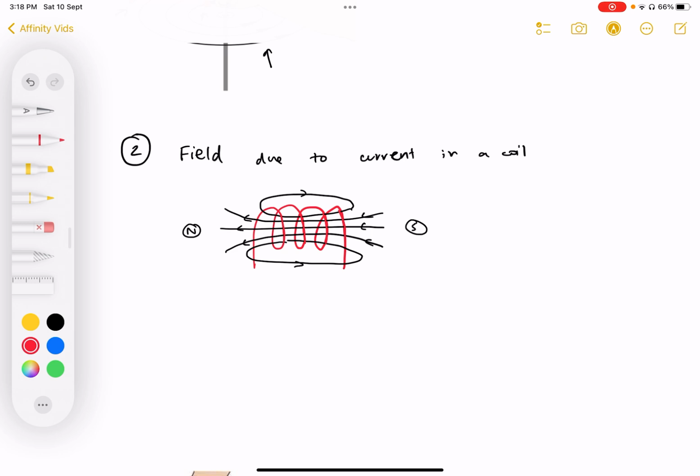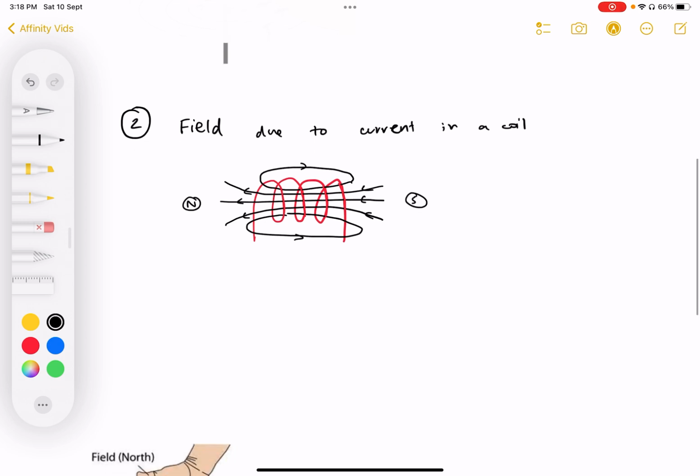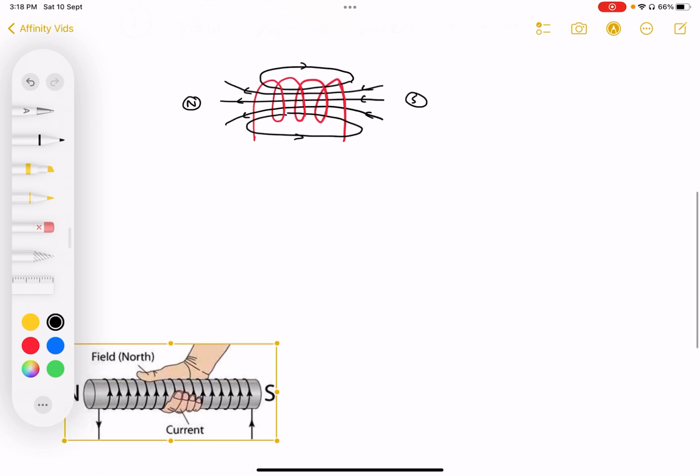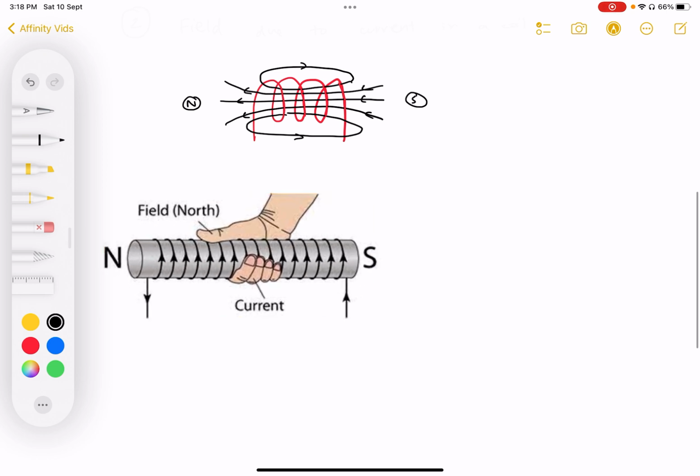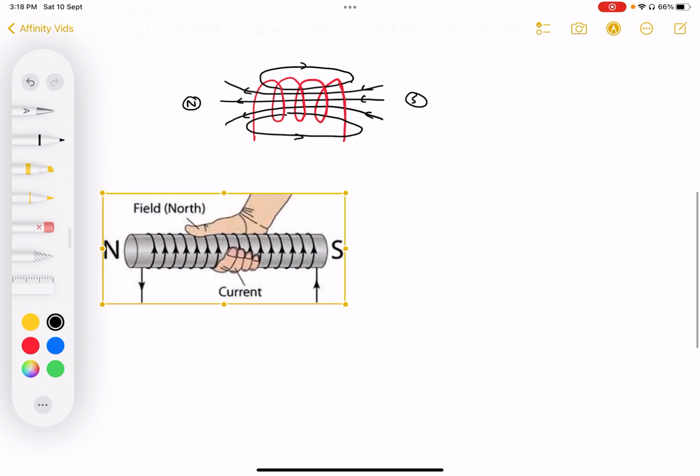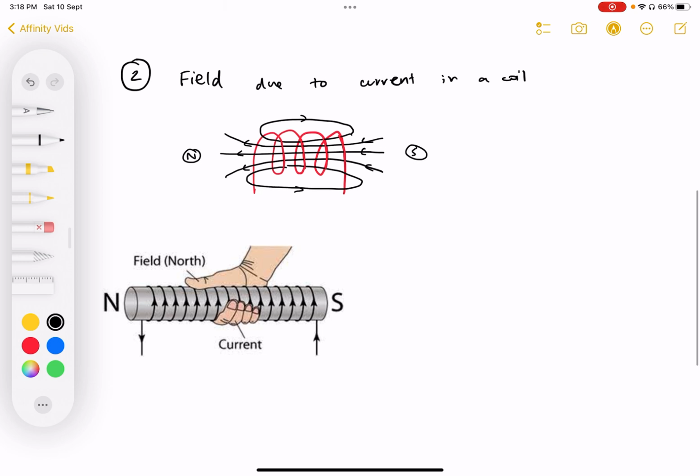And so the direction that the current is going in this solenoid is actually quite important to knowing where north and south are. And we can also use the right hand grip rule in this context as well. Over here, our fingers are going to be pointing where the positive charge is going, and the thumb is going to be the direction of the field. So our thumb is going to be pointing towards north.